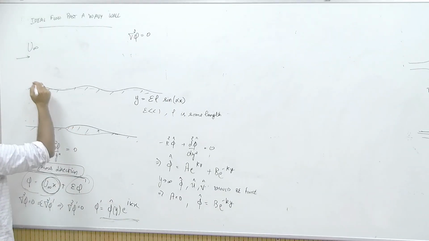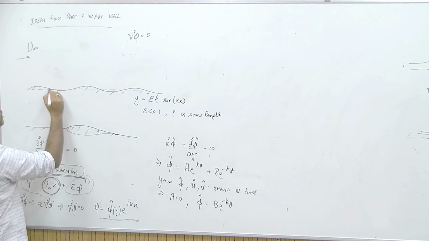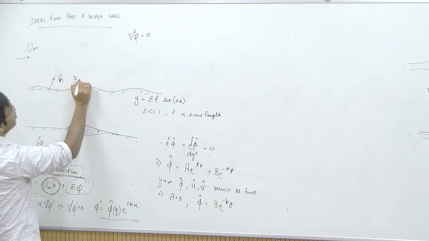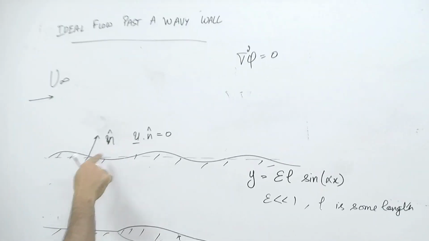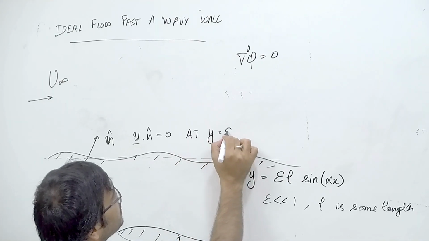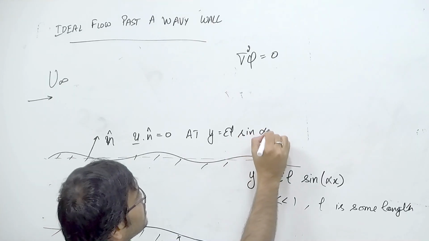Now to solve for this b and what this k is, we need to apply boundary conditions. And what are the boundary conditions which ideal flows can support? Basically, if this is your n vector, then u dot n is 0 at the boundary, that is, at y equals epsilon L sine alpha x.